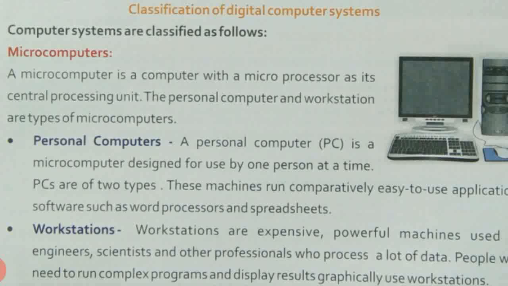First one is personal computer. A personal computer, that is PC, is a microcomputer designed for use by one person at one time. PCs are of two types. The machines run comparatively easy to use application software such as word processor and spreadsheet. Students, personal computer already we have seen, which is used by a single person.